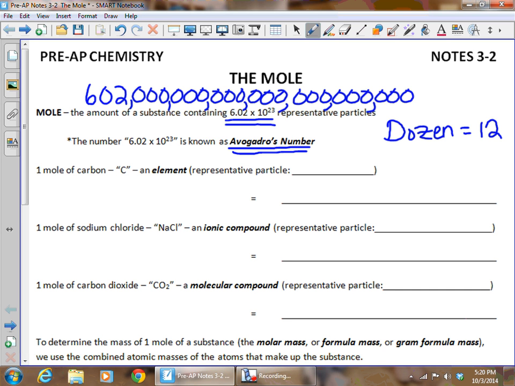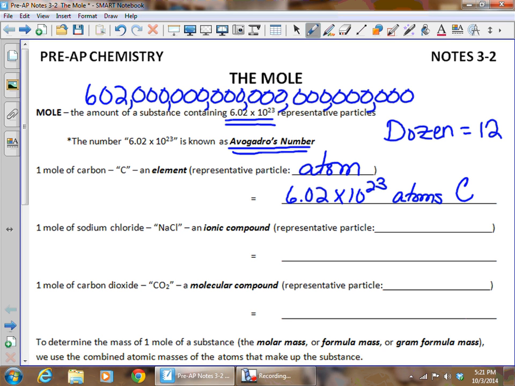So what do we talk about in terms of amounts of these substances and representative particles? Now remember, an element has a representative particle of an atom. That's the smallest particle you can have of carbon that still has the characteristics of carbon, that can still be identified as carbon. So if we want to get a mole of carbon, we would get 6.02 times 10 to the 23rd atoms of carbon.